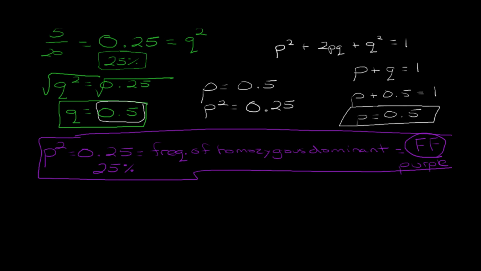So there we go. I can also now calculate 2PQ. That's the middle part of the Hardy-Weinberg equation. So let's plug in what I know. I have 2 times P, here's P, 0.5, times Q, and I had Q up here somewhere, there it is, also 0.5, and they're not always going to be the same.